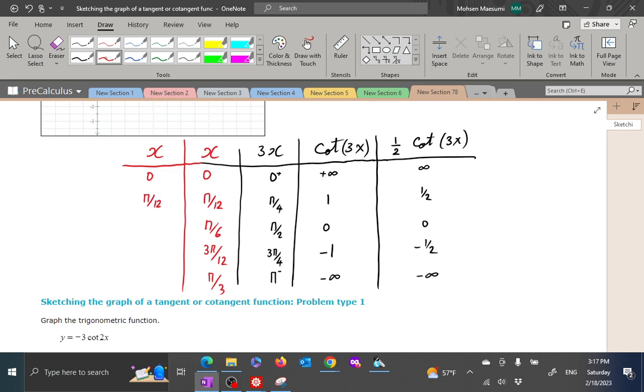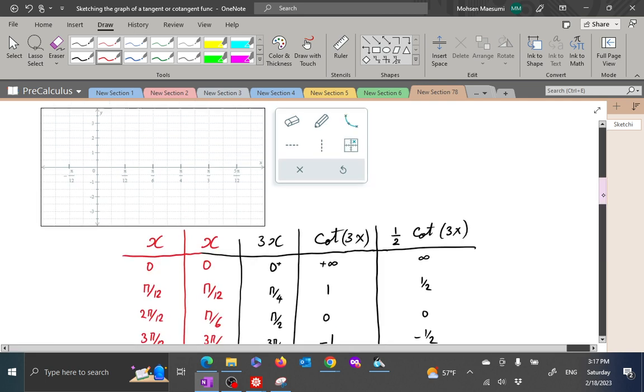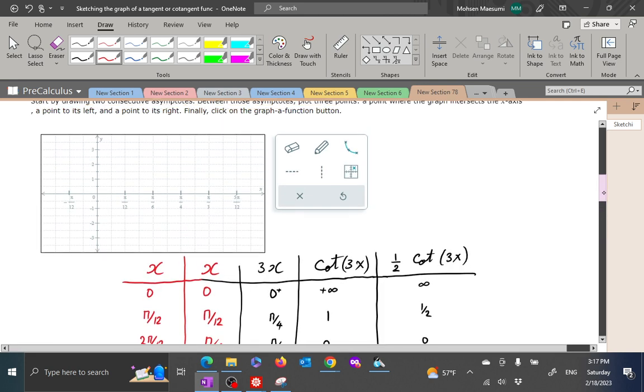This is pi over 12, and this becomes 2 pi over 12. And this doesn't need anything, 3 pi over 12. This we multiply by 4 and it becomes 4 pi over 12. We are multiplying numerator and denominator by a number so that we have the same common denominator across the board, so that helps us.